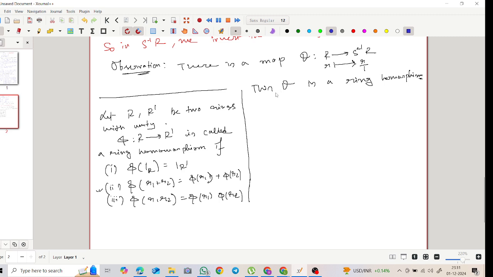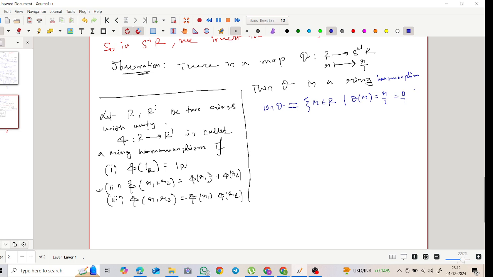Okay, so theta is a ring homomorphism. Now what is the kernel of this ring homomorphism? What is ker theta? Ker theta is all those r belonging to R such that theta of r, which equals r by 1, is equal to 0 by 1, right?